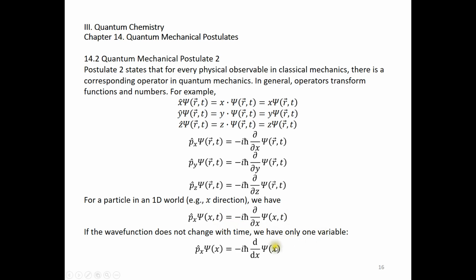There's only one variable in this equation, that's the position. So when we apply this momentum operator to psi, we get negative i h bar times d psi over dx. We switch the notation from del to d because in this case we have only one variable. It's single variable calculus here.